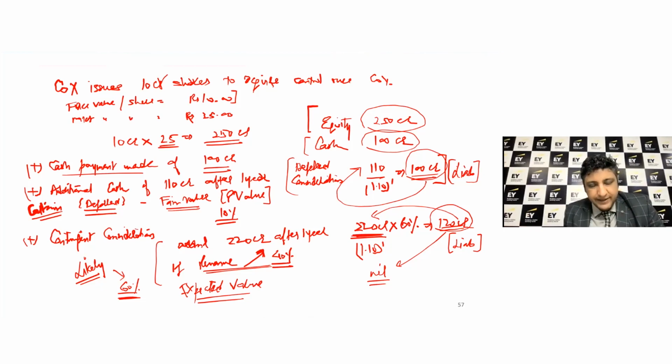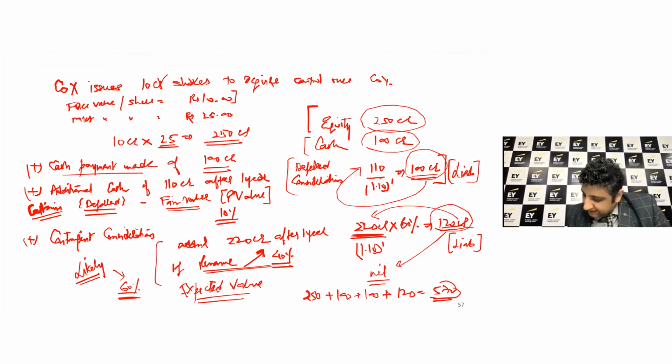All right. So what you need to remember here is that there could be different types of consideration. What you eventually pay could be very different from what you are showing on day one. Okay. So purely for the purposes of measuring the purchase consideration, we are calling it 250 plus 100, that makes it 350, plus another 100, that makes it 450, plus 120, that makes it 570, right?